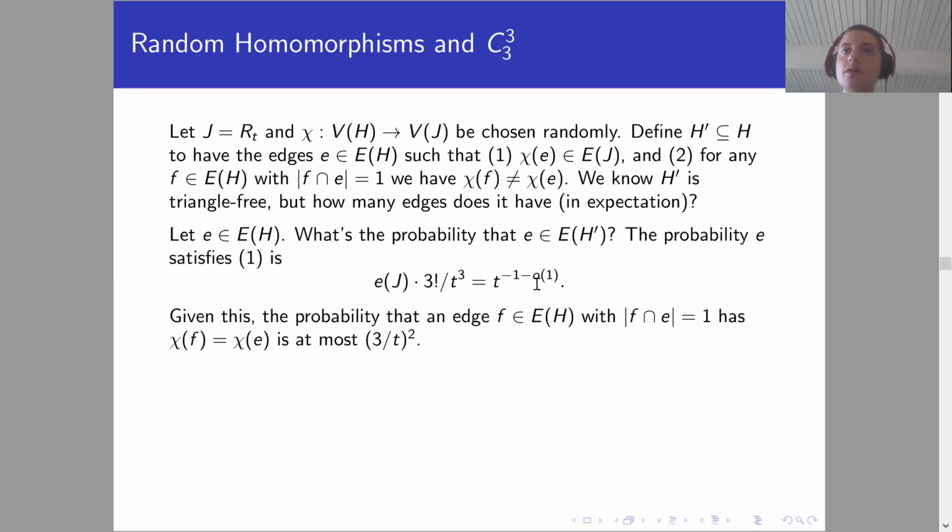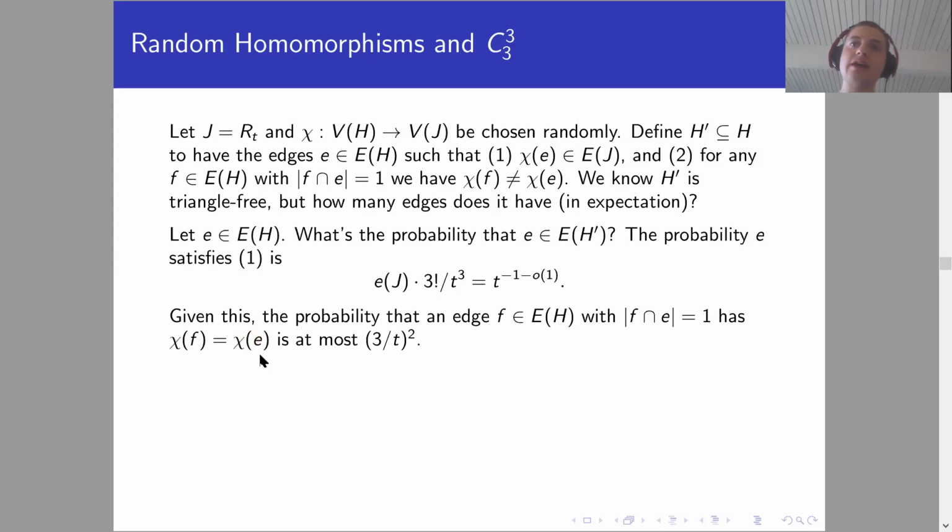All right, so given that an edge E passes test 1, we claim that if there's an edge F which intersects in exactly 1 spot, then the probability that they map to the same edge is at most this quantity. And the reason for this is because F has 2 vertices now which are not in E. And in order for this to happen, these 2 vertices have to end up in this vertex set.